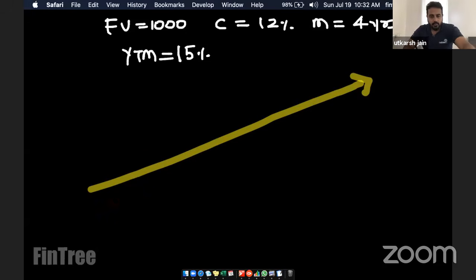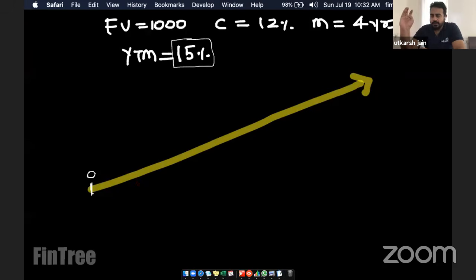So what you guys are going to do now is value this particular bond at time 0, the usual process, assuming YTM of 15%.